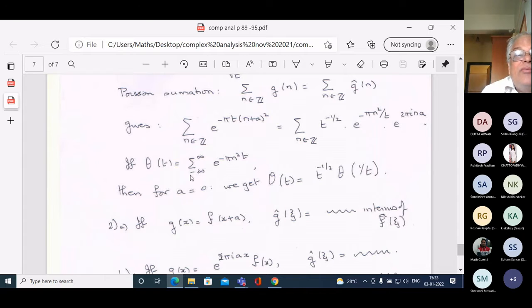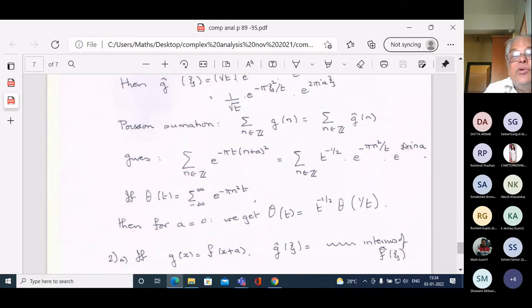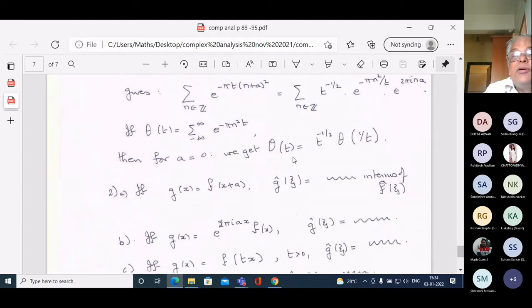And therefore, if you define theta(t) to be the sum of e raised to minus pi n squared t, what you get is this: you put a equal to 0, and you get theta(t), and on the other side you get t to the minus 1/2 theta(1/t).